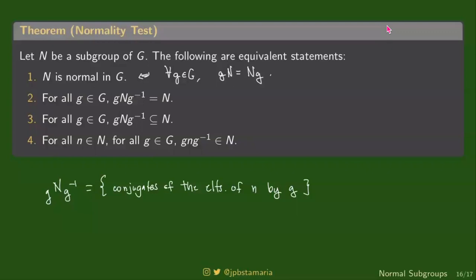Kino-conjugate mo lahat ng elements ng N by the element g. Lahat minomultiply mo sa kaliwa by g, lahat minomultiply sa kanan. Dahil normal ang subgroup, saan equal yung mga conjugates ng N? Dapat equal yun sa mga elements lang din na nasa N. Kasi nga ang gN ay equal sa Ng, pag nag-multiply ka ng g inverse sa kanan. So obviously, itong dalawa ay equivalent talaga, di ba? Do you agree?